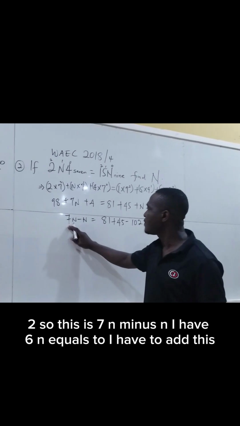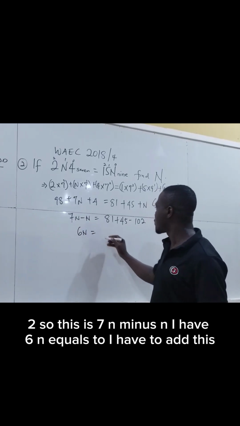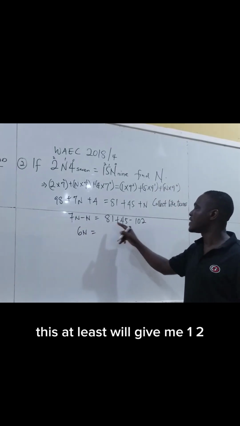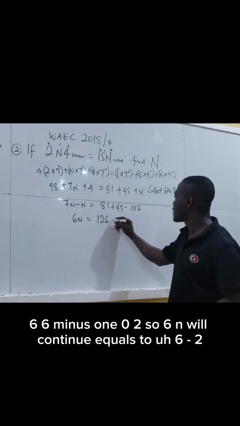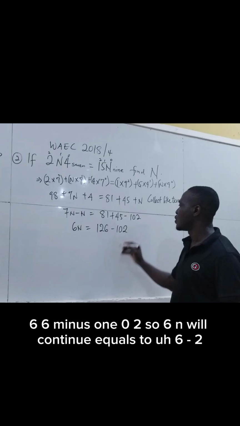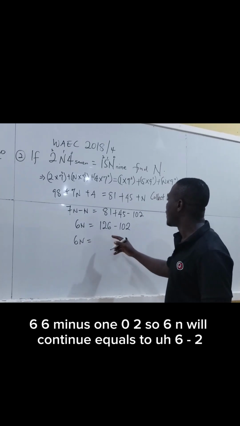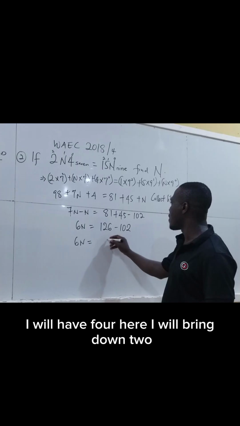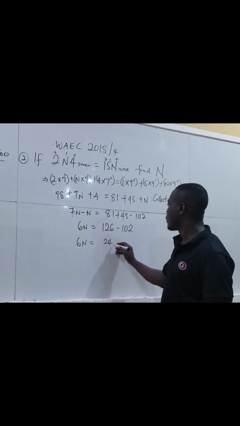So this is 7n minus n. I have 6n equals to, I have to add this. This and this will give me 126. 126 minus 102. So 6n will continue equals to 6 minus 2, I will have 4. Here I will bring down 2.